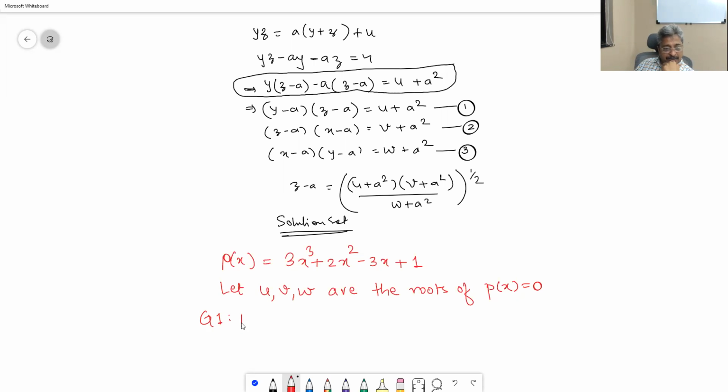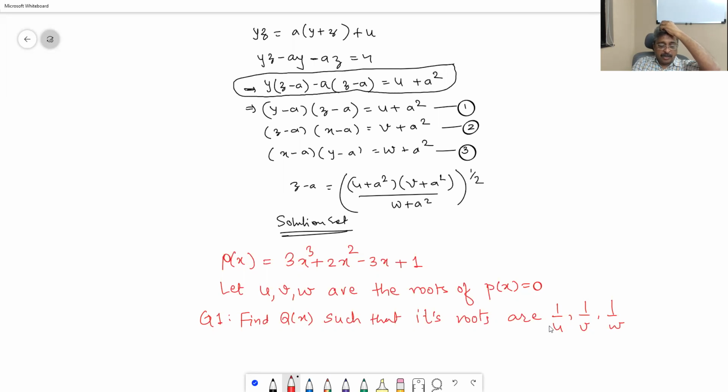Now if I give you question 1: find q of x such that its roots are 1 upon u, 1 upon v, 1 upon w.